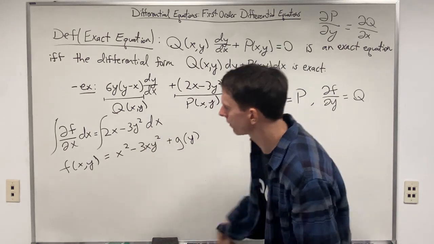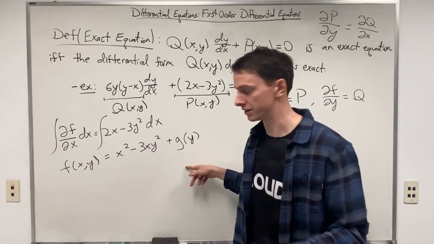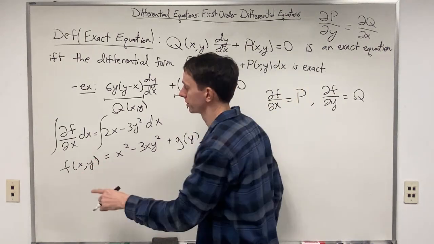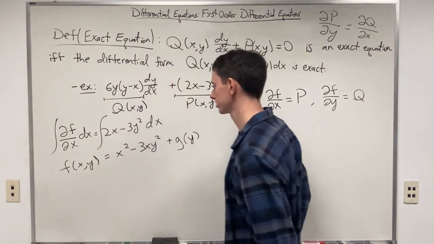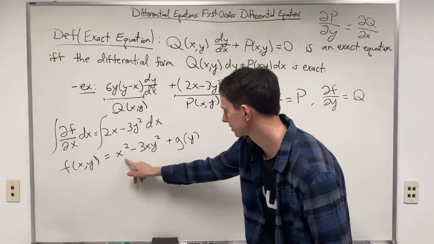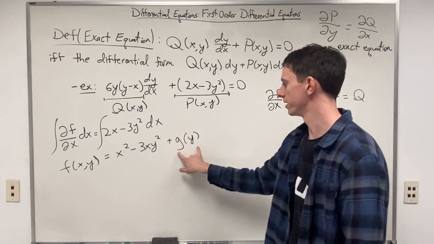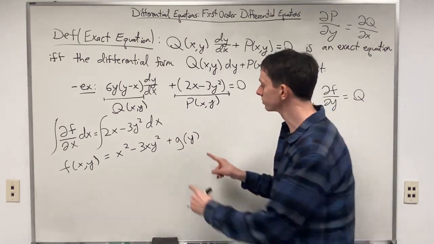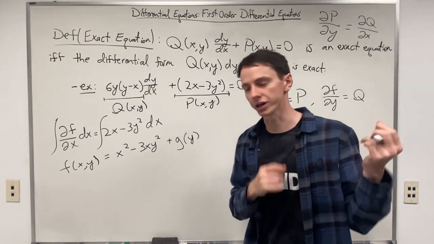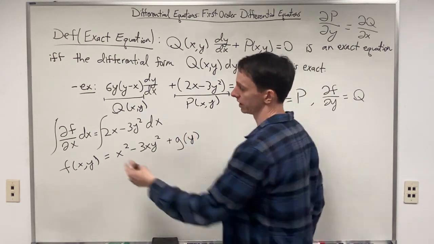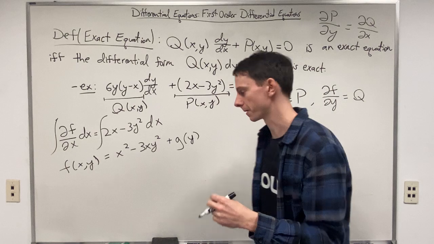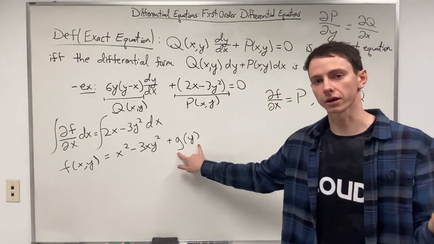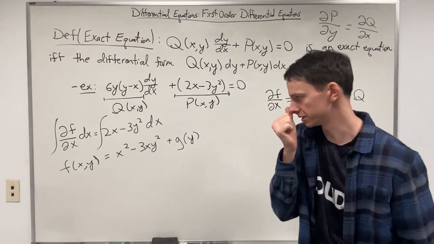You can imagine if I were to take my function f and it looked like this, and I were to take the derivative of f with respect to x, in other words, compute partial f partial x, then I would be left with 2x minus 3y squared, and differentiating the g of y term with respect to x would go to 0. So this is the most general way that we can write an integration constant because f is multivariate, okay? So hopefully that makes sense, that this is just the form that I'm going to take for the integration constant.